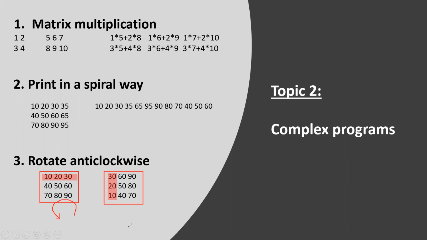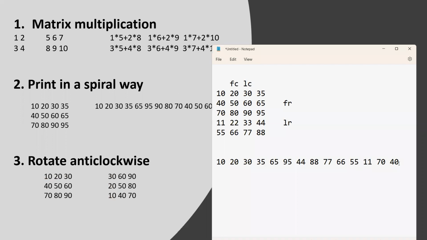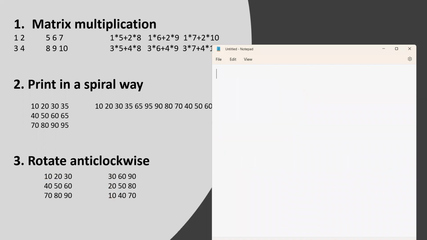So the top row will become the first column. You can see, it is pretty much simple. I really do not remember this type of program, the codes. So if I want to write the code, this is probably the last code. So 10, 20, 30, you can see.